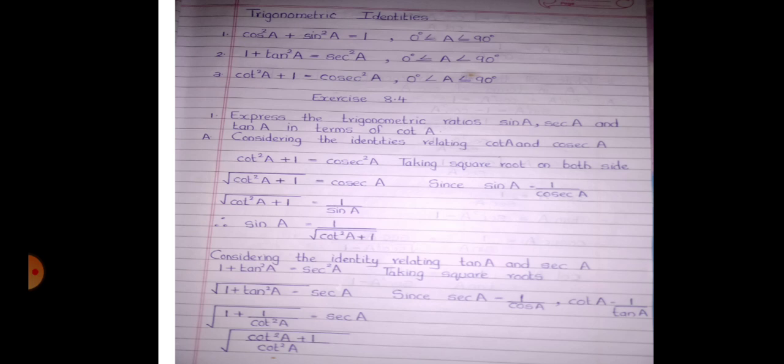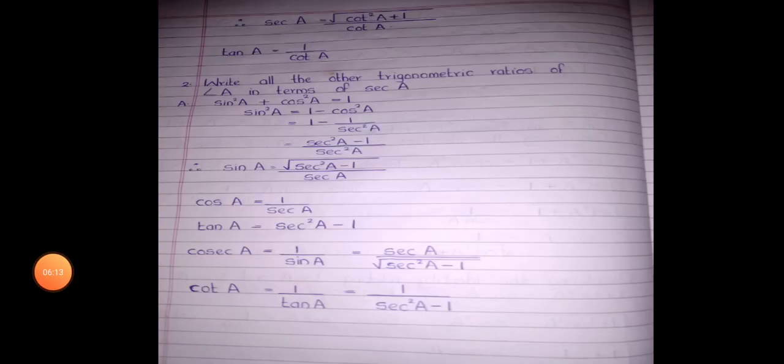Tan A is equal to 1 by cot A. Substituting the same value here, root of 1 plus 1 by cot square A is equal to sec A. Taking LCM, we'll get root of cot square A plus 1 by cot square A. Now what happened? Sec A is equal to root of cot square A plus 1 by cot A.